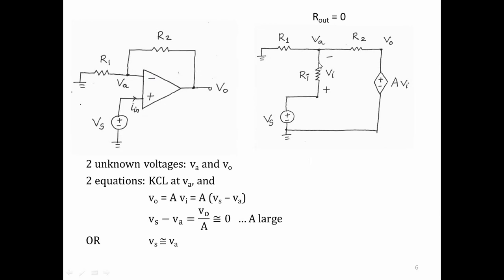No current flows into the op-amp because Rin is infinite. We are saying that if A is infinite, this voltage is equal to this voltage. Vs is equal to Va in this circuit. Vs is basically the voltage at the positive terminal of the op-amp. Va is the voltage at the negative terminal. So these two voltages are basically equal for an ideal op-amp.